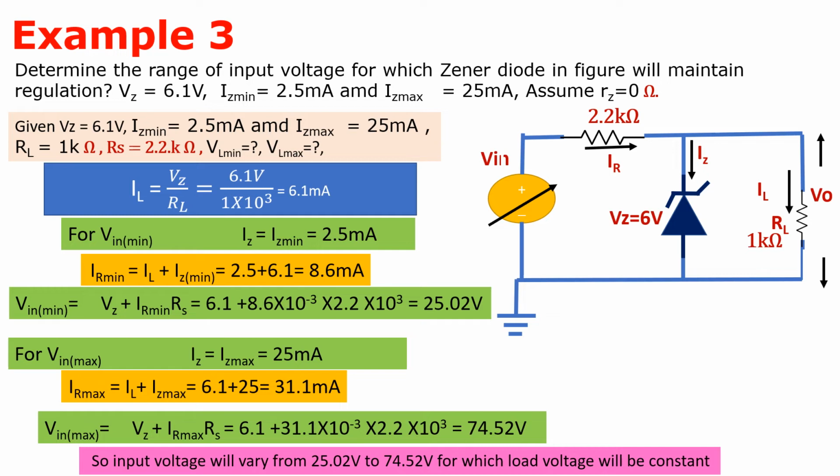In this case we consider the maximum series resistor current, which is 31.1 milliamps. By solving this, you will get 74.52 volts. So from this we see that the input voltage will vary from 25.02 volts to 74.52 volts. In this range, the output voltage or load voltage will be constant.